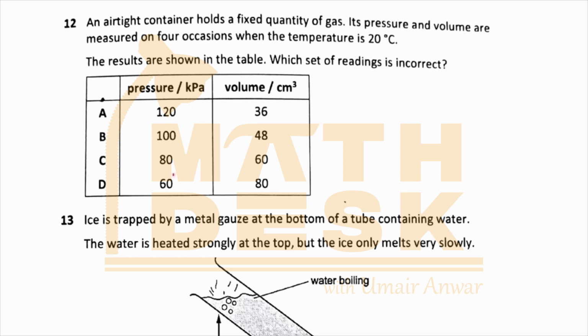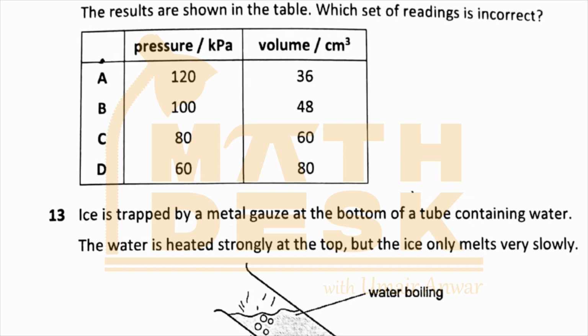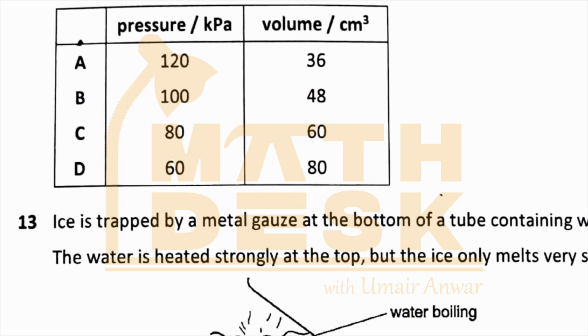If we start with the least value, which is 60, and the volume for the 60 kilopascal pressure is 80, since these two quantities are inversely proportional, if we try to convert this 60 into 80, we would be required to multiply this number such that it is divided by 3 and then multiplied by 4 so that it becomes 80.